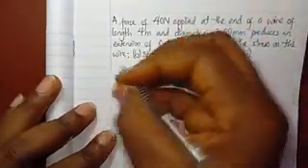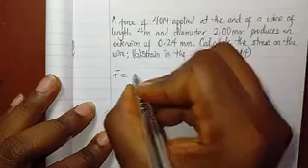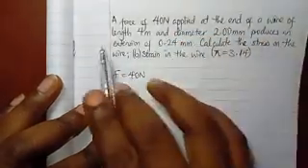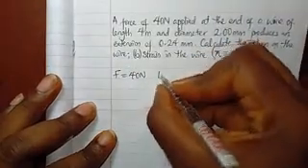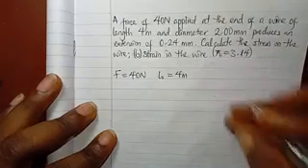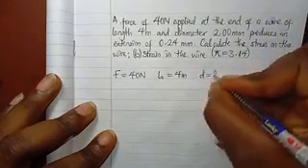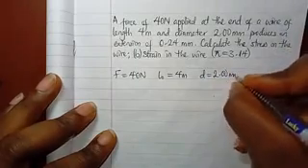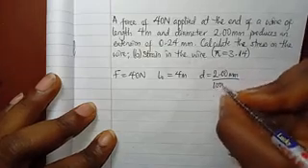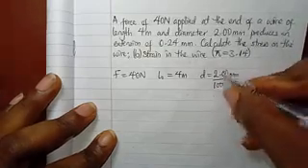So for this case, let us write out the parameters we have. Force is 40 Newton. And the wire of length, so original length of wire is 4 meters. The diameter of the wire D is 2.00 millimeters. Let's convert that to SI units already. So millimeters, to convert it, we divide by 1000.